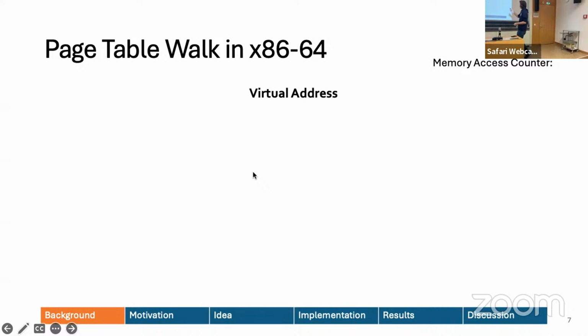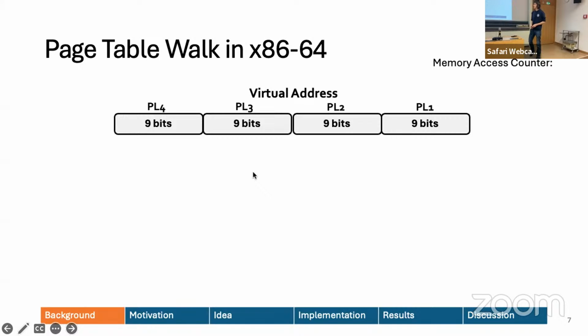So here in the top right, there's a memory access counter. Keep that in mind. We have a virtual address, and we take the first 9 bits and start with the first level here, and then we go down the radix tree.